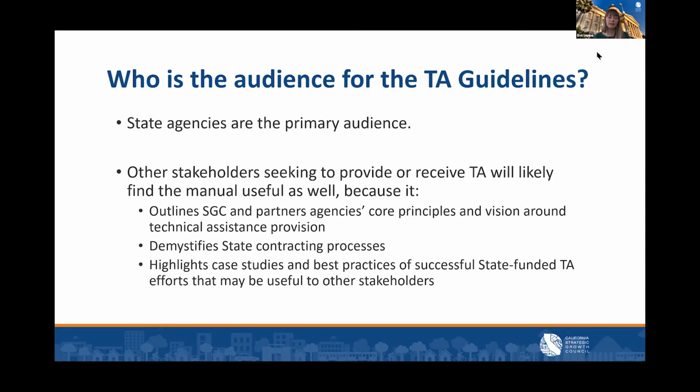So the TA guidelines outline a lot of the core principles that SGC and our partner agencies think should really underpin all technical assistance efforts, and a real vision around technical assistance for the state of California. We also provide some information about the state contracting process, and we highlight some case studies and best practices that will hopefully be useful to both state agencies and to other stakeholders as well.